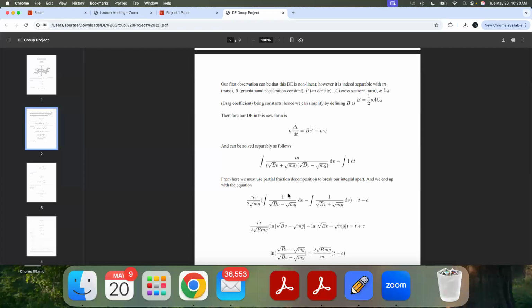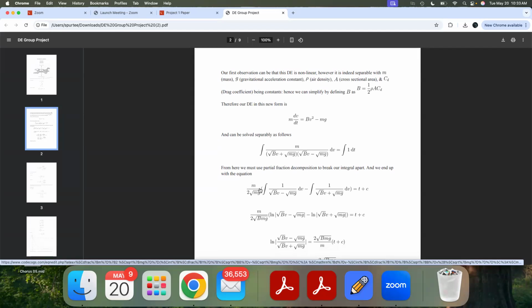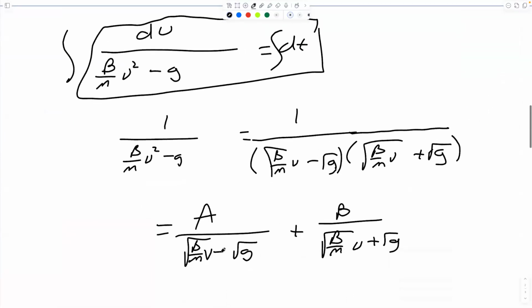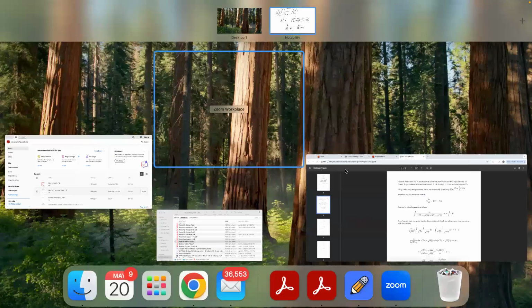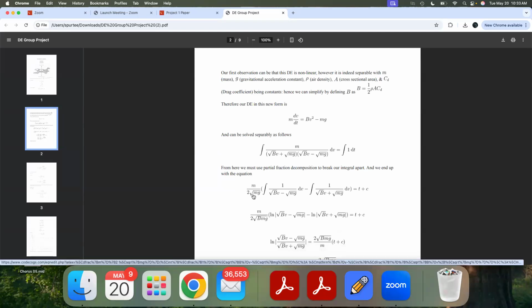Okay, so you're going to do your partial fraction decomposition. This group didn't show all the work doing the partial fractions, but this is what you're going to end up getting. I think I called the minus one the A and the plus one the B. So m over 2 square root of mg.